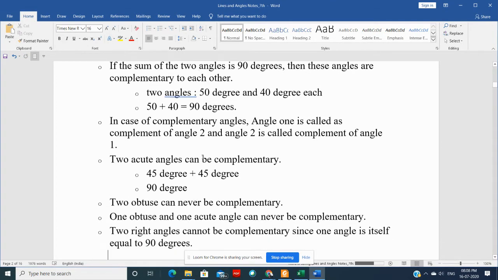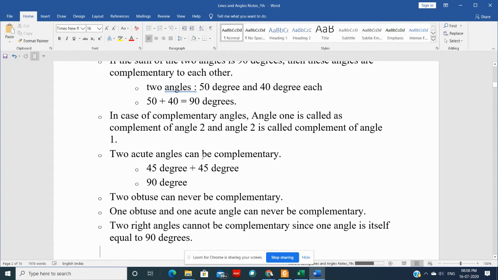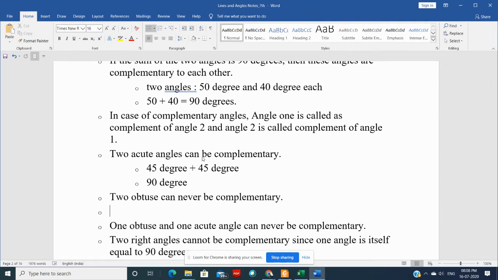Now, two obtuse angles can never be complementary. Of course. When you say obtuse angle, it has to be more than 90. So even if I take just 91, and the other one, let's say again 91, I'm not even taking more than 91.